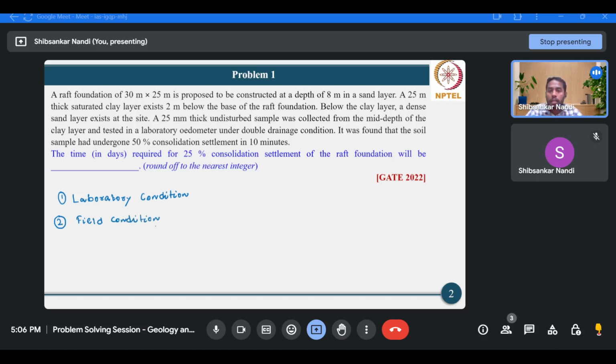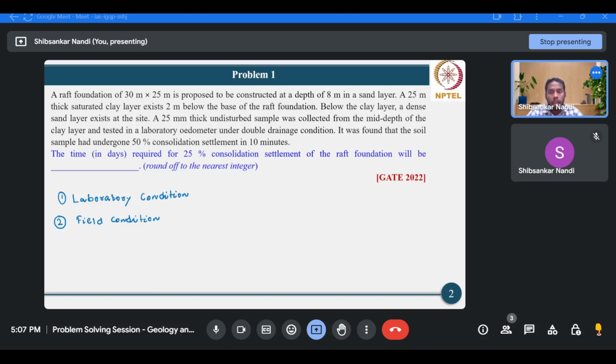An undisturbed sample of 25 mm thickness was collected from the field and tested. After testing, it was found that the soil sample required 10 minutes to reach 50% consolidation settlement. Now what would be the required time for 25% consolidation settlement in the field condition?